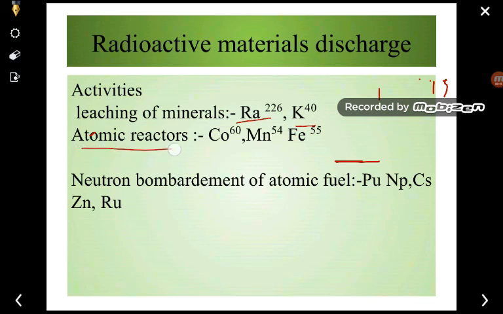From atomic reactors, certain heavy metals or radioactive materials such as cobalt, manganese 54 and iron are liberated, which is very harmful. And next, during the neutron bombardment of atomic fuel, you can find plutonium, cesium, zinc and rubidium, which are very dangerous to human beings.